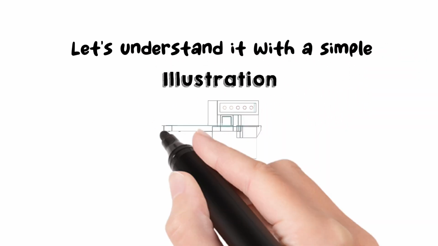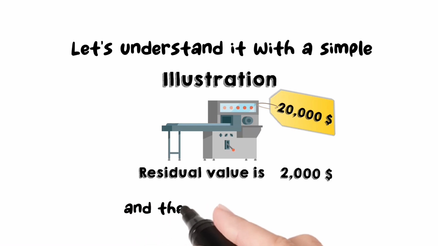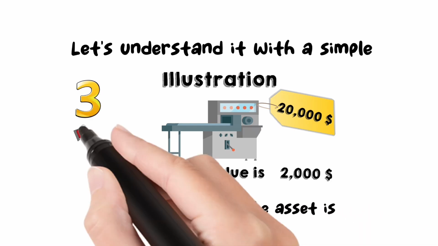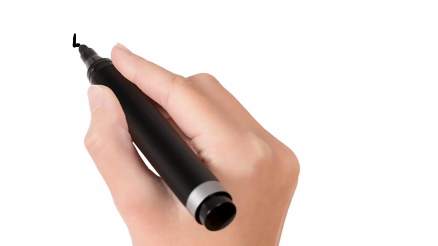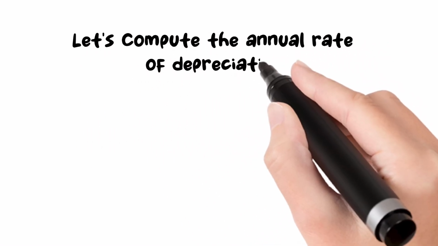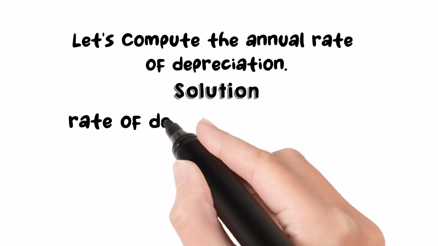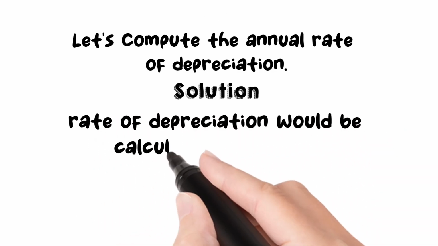The cost of the asset is $20,000. Residual value is $2,000, and the life of the asset is 3 years. Let's compute the annual rate of depreciation. Solution. Rate of depreciation would be calculated as follows.